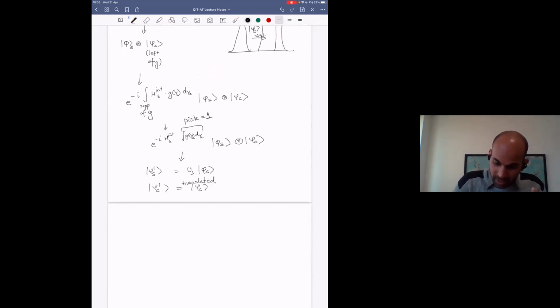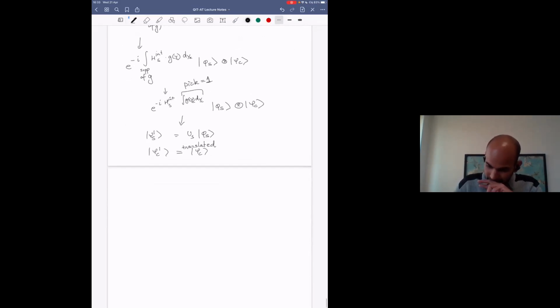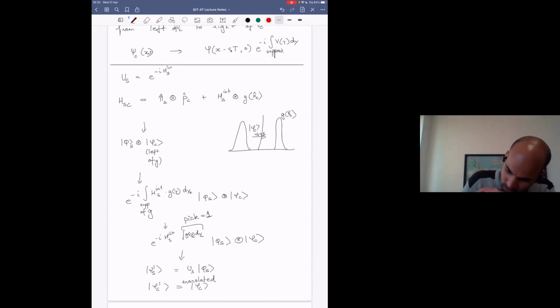There are a few subtleties to mention here. The first subtlety is that I've assumed here that H_S alone is equal to 0, so there is no H_S tensored identity on the clock.